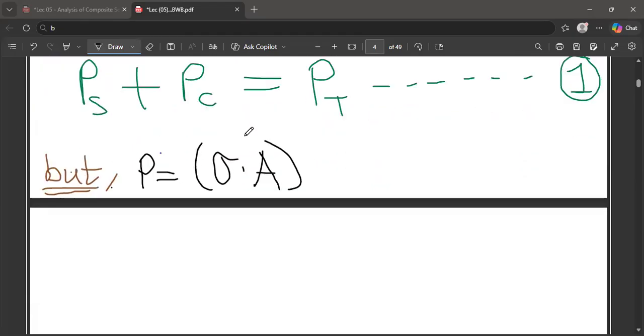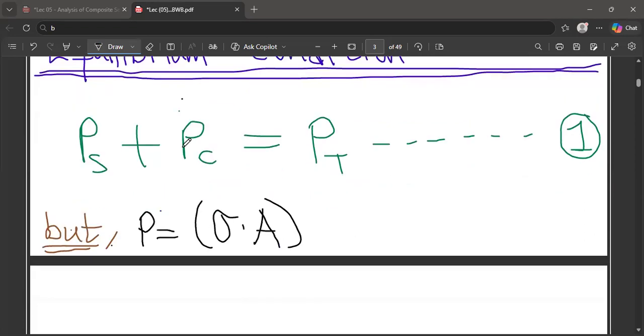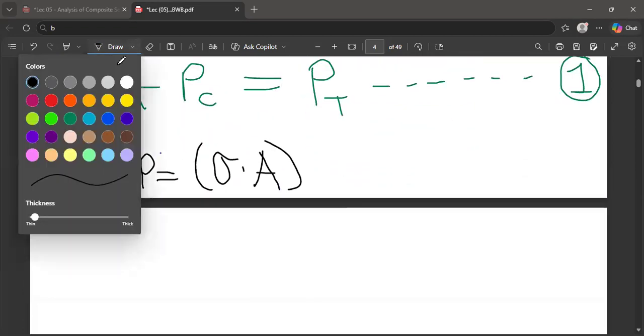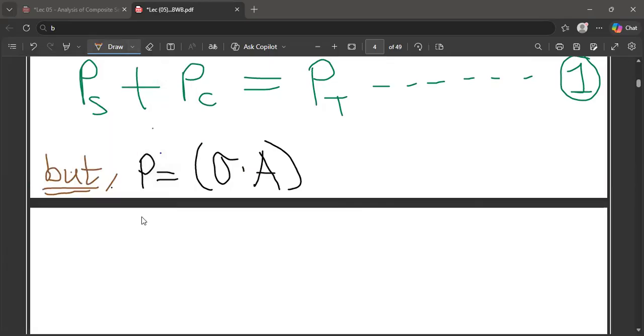We can write it in terms of the equilibrium condition, and this is how it is going to become.